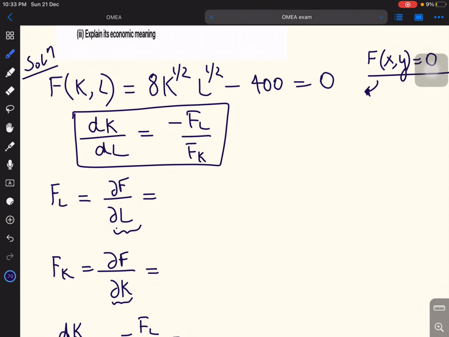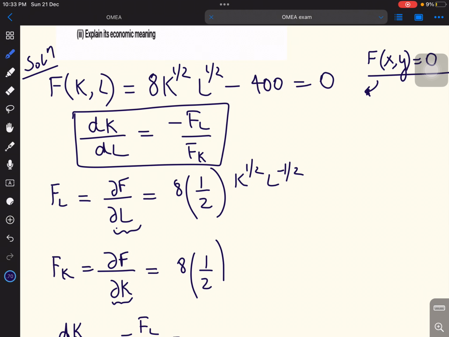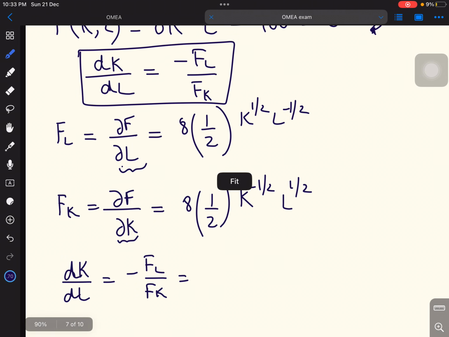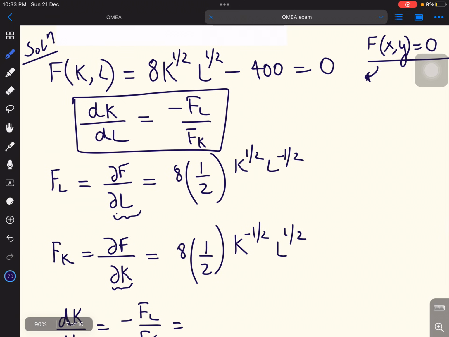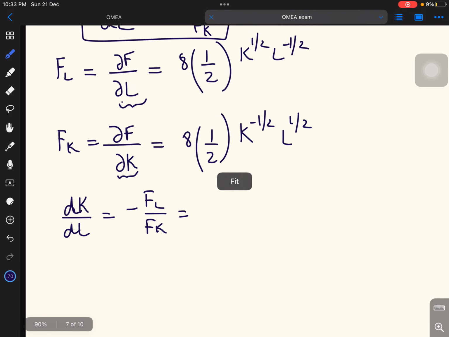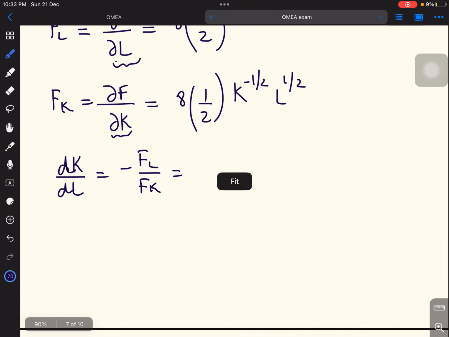Now if we do the function del f by del L, we will get 8 times 1/2 K^(1/2) L^(-1/2). If we do it with respect to capital, we will get 8 times 1/2 K^(-1/2) L^(1/2). The constant minus 400 will be 0 only. So then dK/dL, we know this formula, minus F_L by F_K.